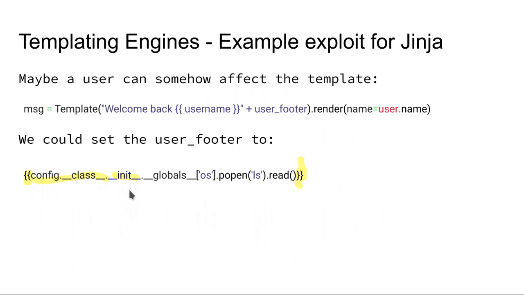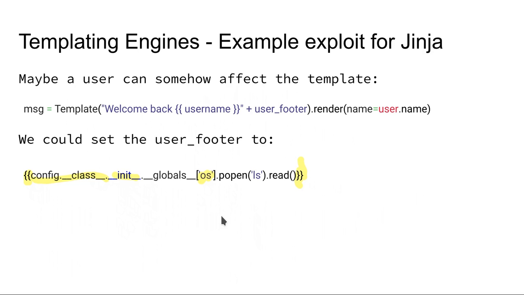In it is a function, but in Python everything is an object. I won't go into detail on Python internals, not relevant here, but in it is an object that has a reference to the globals object. These are the global variables, and in the globals object there's a loaded module called OS. It's usually loaded, import OS, and it has a function called popen.